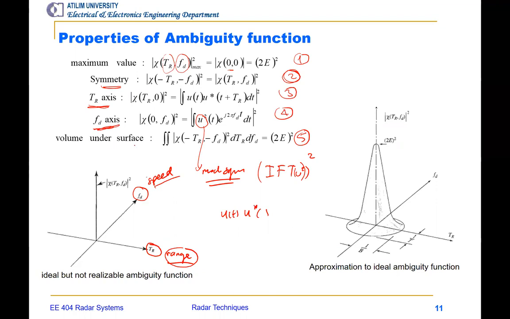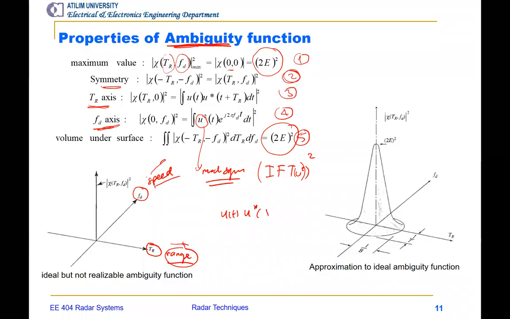Volume under the surface of the ambiguity function is going to be similar to equation 1. It's proportional to the energy squared. Theoretically, the ambiguity function, as we can understand from the name, is about uncertainty. It's a function showing how much uncertainty we have on the range and speed axes.